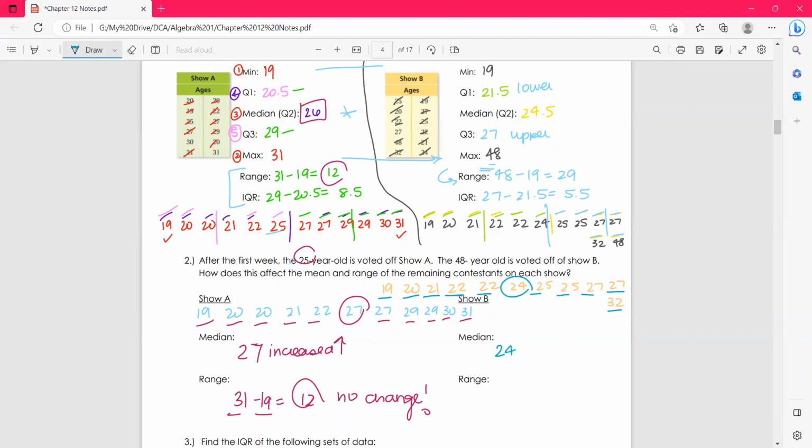Did that change? It's decreased, but not by a lot. And our range, max minus the min, we get 13. That changed a lot, right? Because the maximum was removed. So it changed how spread out the data was.